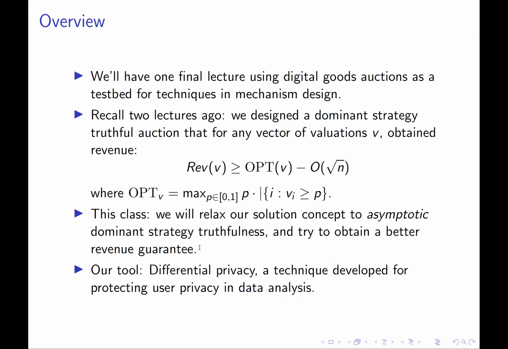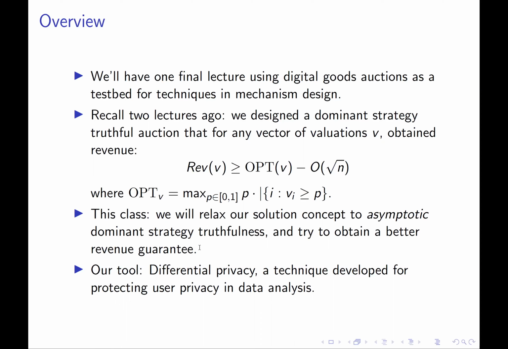We'll see what it is in a couple of slides, but informally, the reason there's a connection between mechanism design and differential privacy is that the privacy guarantee it promises is that there should be essentially no observable differences between the real world, in which your data is used as part of some data analysis, and an idealized world in which everything is the same, except that your data was removed and was not used as part of the analysis.